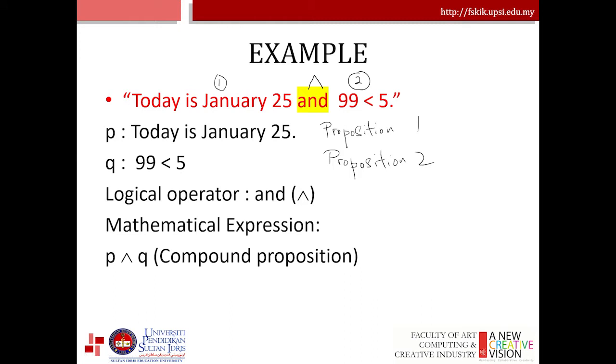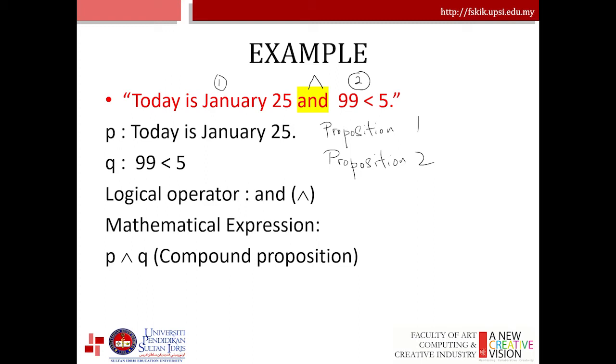We want to combine or join with the connective and. Here we have: today is January 25, and 99 is less than 5. We can see here P, today is January 25, is proposition 1, and 99 is less than 5 is proposition 2.